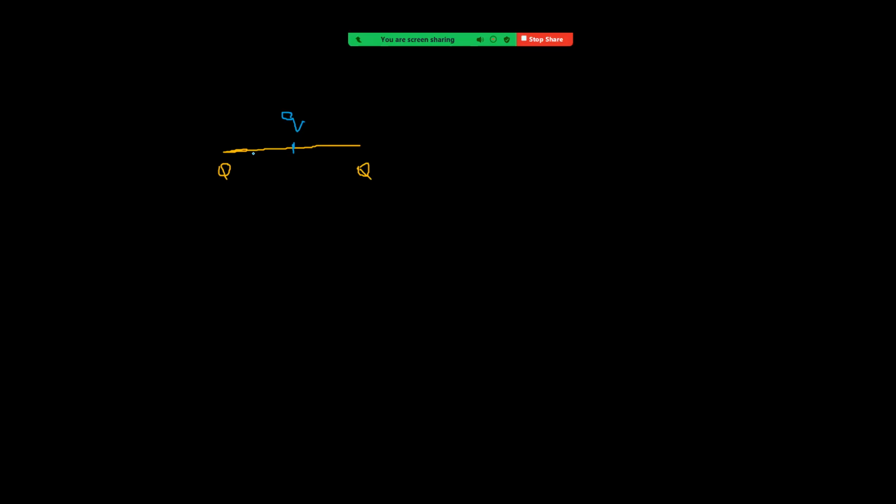The condition is the system must be in equilibrium. If you observe carefully, this charge repels this charge. That means on this charge, by this charge, the force is on the right side. So to make the net force 0 on this one, this charge has to attract this one. So it must be on the right side.